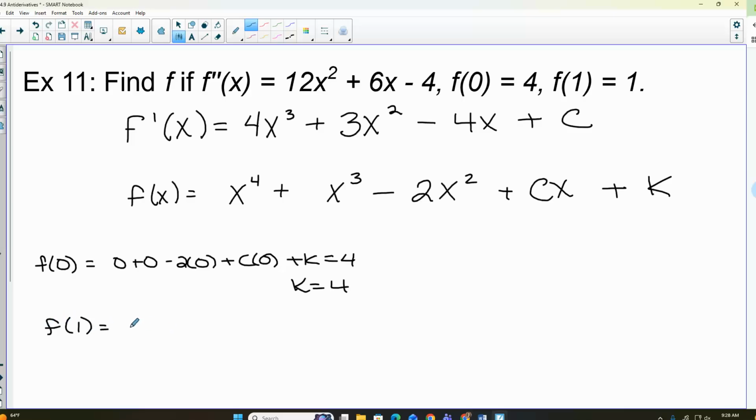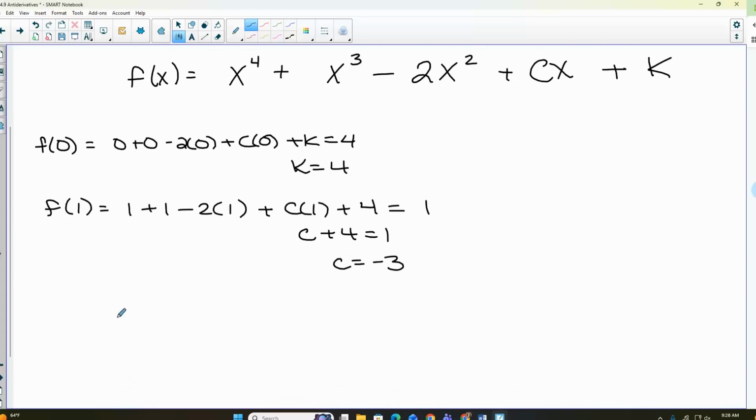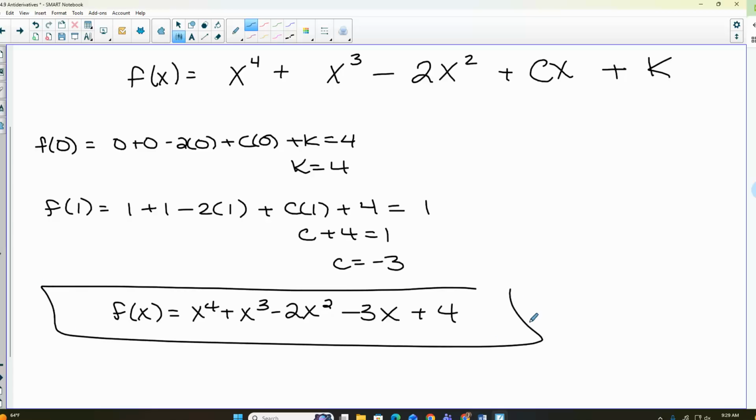So if I put in a 1, 1 to the 4th is 1, 1 cubed is 1, minus 2 times 1, plus c times 1, plus k, but we already know k is 4, and we have to get 1 for our answer. So 2 minus 2, those cancel. So my c is negative 3. So my actual function is x to the 4th plus x cubed minus 2x squared minus 3x plus 4.